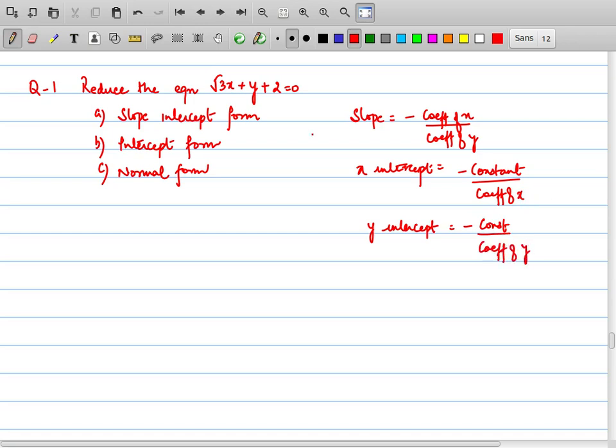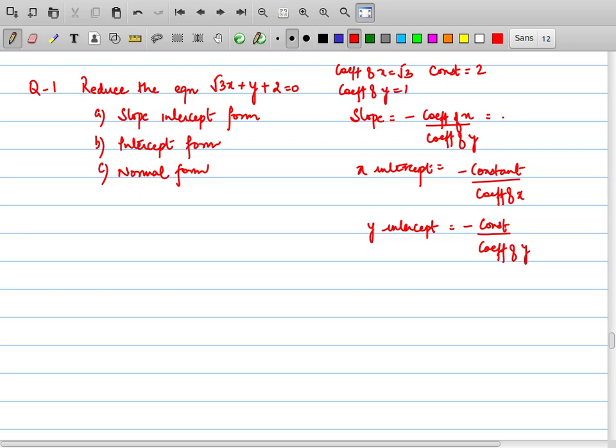So if you look at this, what is coefficient of x? Coefficient of x is root 3, coefficient of y is 1, and the constant term is plus 2. Important thing is, when you find out coefficient of x, coefficient of y and constant, make sure all the terms are on one side.